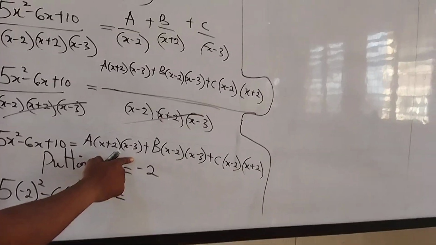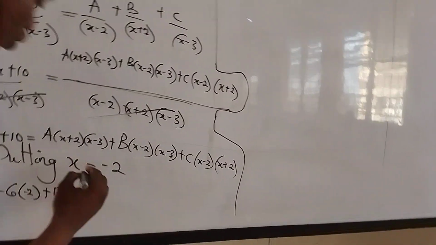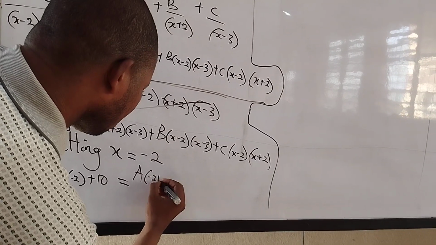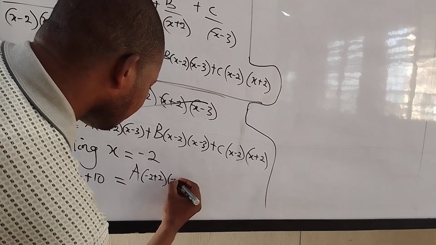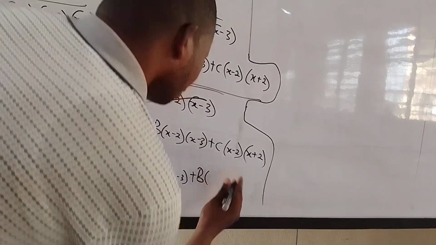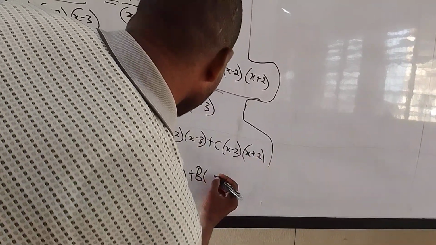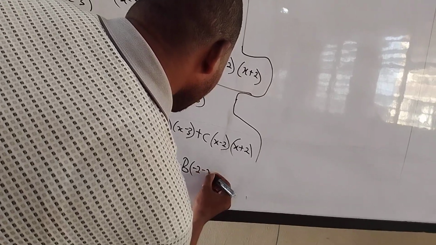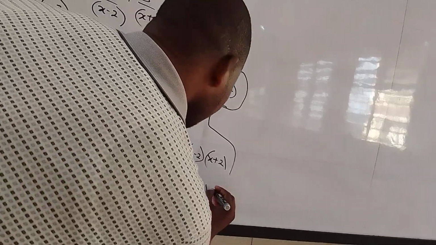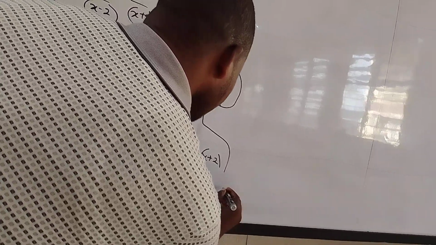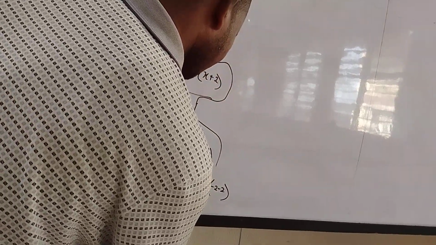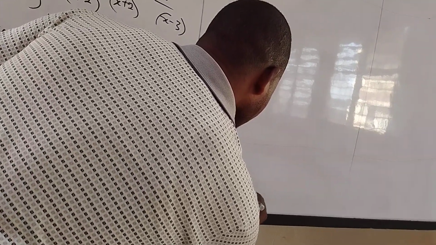For there not to be confusion, let me still repeat it: A into -2 plus 2, then -2 minus 3, plus B into -2 minus 2, and then -2 minus 3, then plus C into -2 minus 2, and then -2 plus 2.